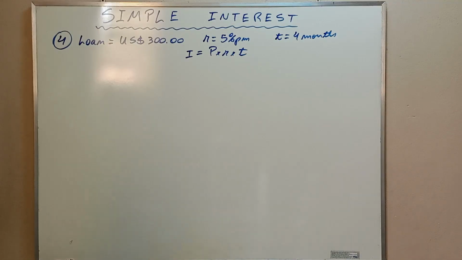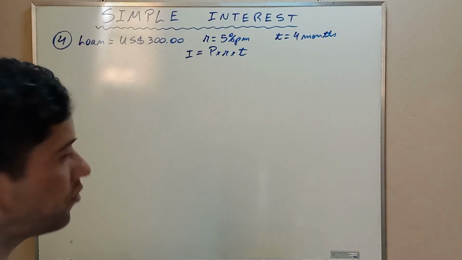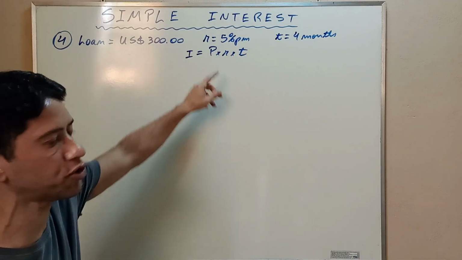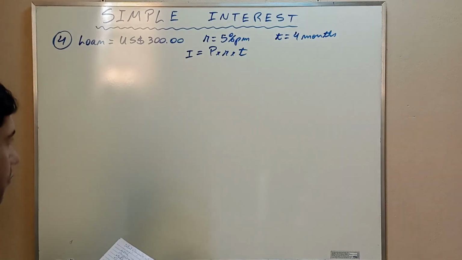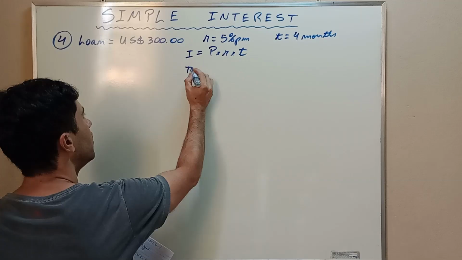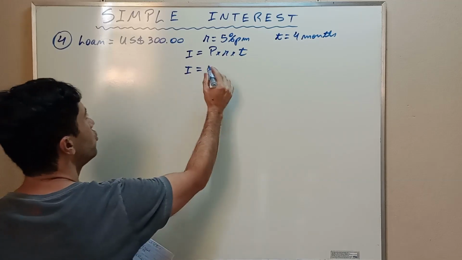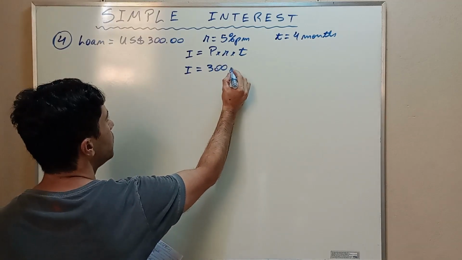Okay, we can simply plug in the values. We're going to substitute the values in the expression, and we are going to find that the interest is equal to the principal 300 times the rate.